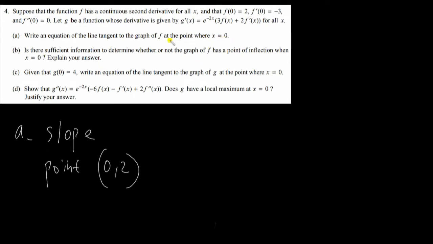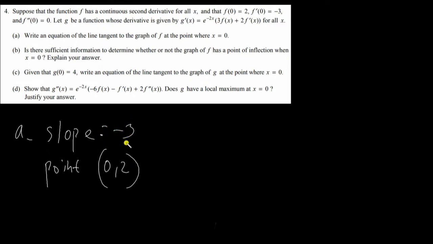So if we want the line tangent to the graph of f at x equals 0, we need to evaluate the derivative at x equals 0, and that'll get us the slope of the tangent line. Looking at this here, we know that the derivative of f of x at x equals 0 is -3. So the slope at x equals 0 is -3.